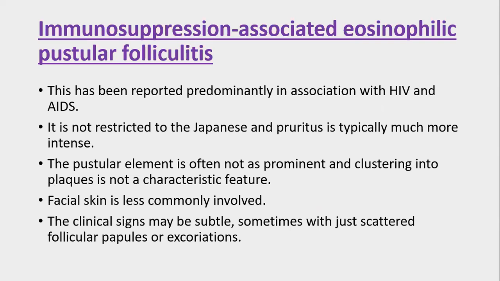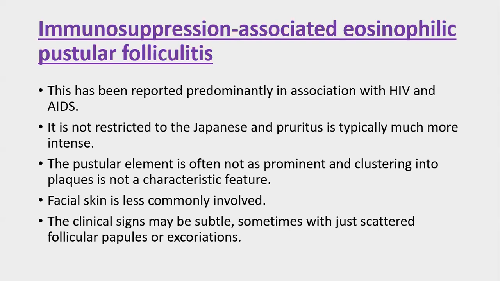The second condition we are going to discuss under this heading is immunosuppression-associated eosinophilic pustular folliculitis. This condition is predominantly seen with HIV and AIDS. It is not restricted to Japanese, who are the commonly involved race in adult onset eosinophilic pustular folliculitis.